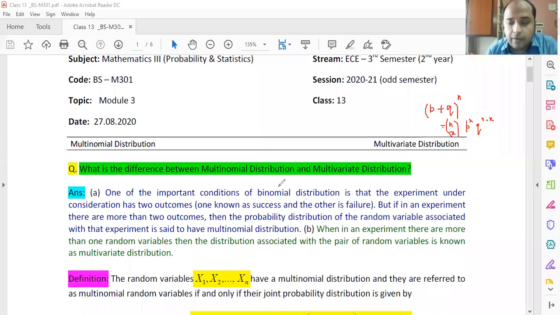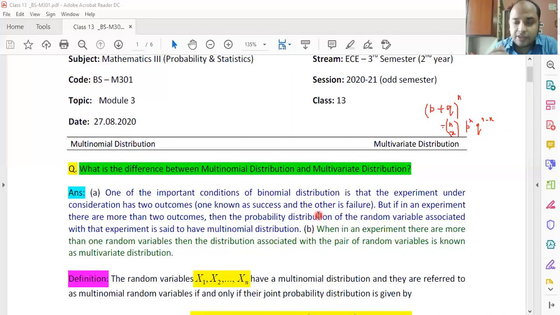Now, in multinomial distribution, we consider not only two outcomes of the experiment, we consider all possible outcomes of the experiment, and the number of outcomes present in the experiment is more than two. If the number of outcomes is more than 2, then such a probability distribution is called multinomial distribution.